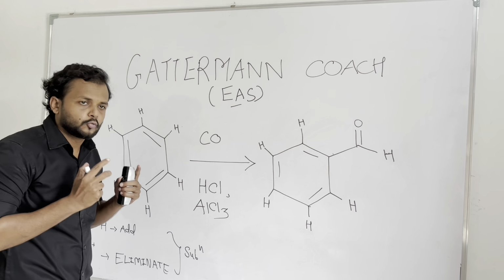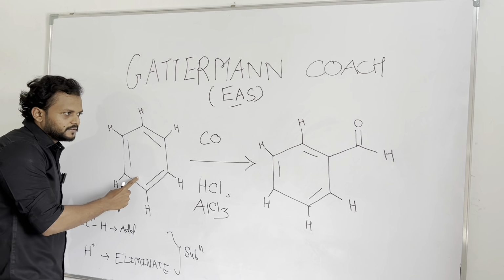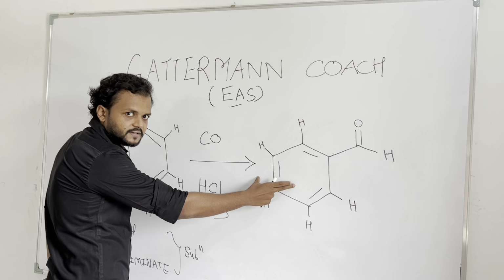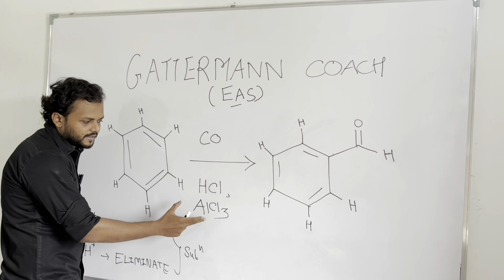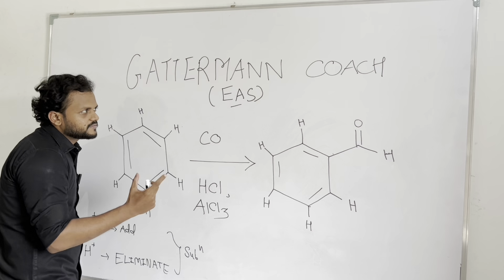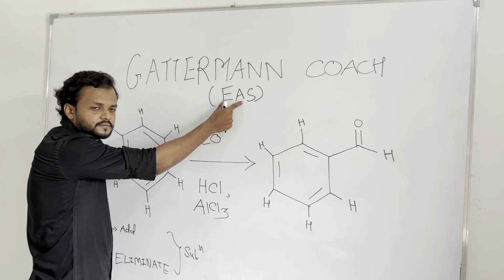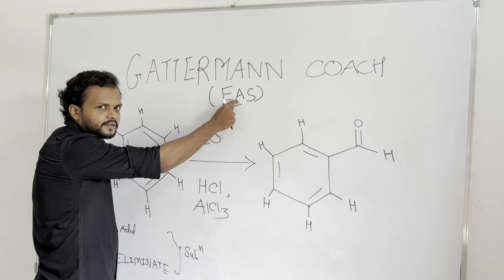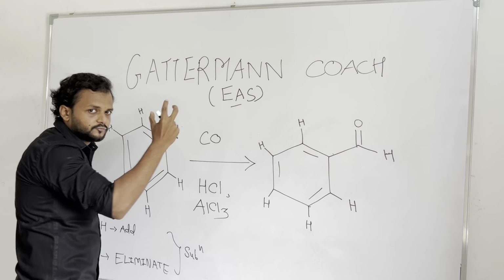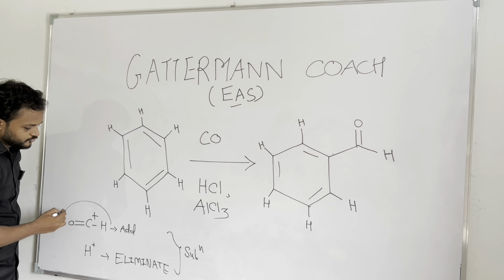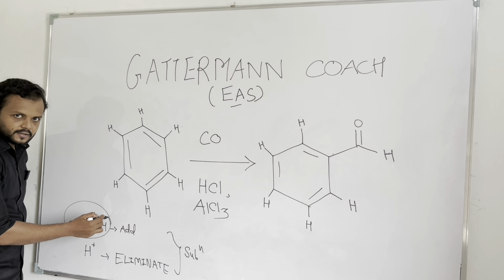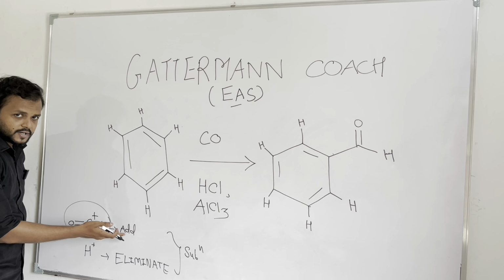Let's see the Gattermann-Koch reaction. Benzene is converted into benzaldehyde in the presence of carbon monoxide, HCl and AlCl₃. This is called an EAS reaction, electrophilic aromatic substitution reaction, in which an electrophile, this CHO, the formyl carbocation in our case, is going to be added.